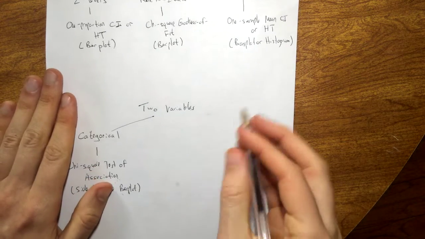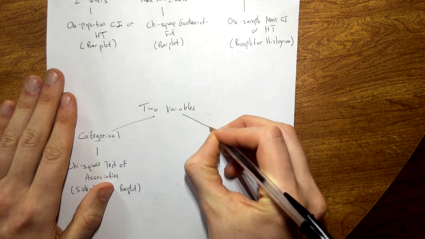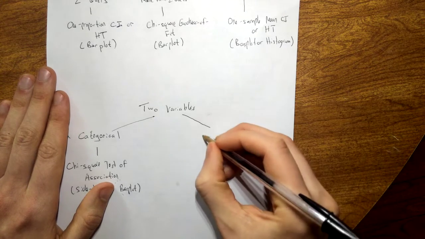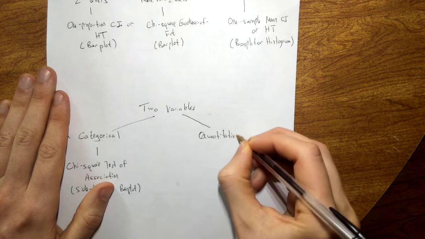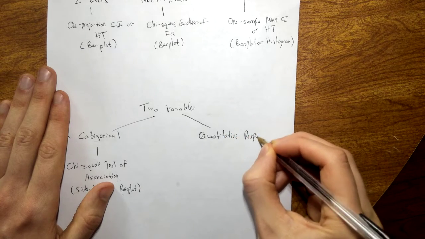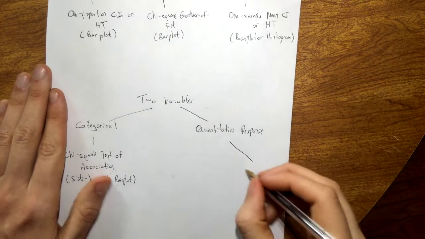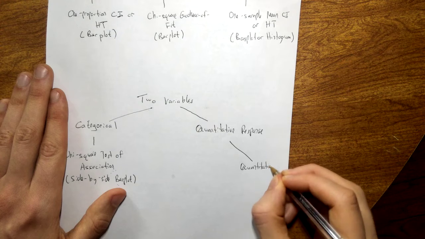From there, we jumped into looking at two variables. In this setting, we always had a quantitative response. The first thing we looked at was, what if our predictor was also quantitative?